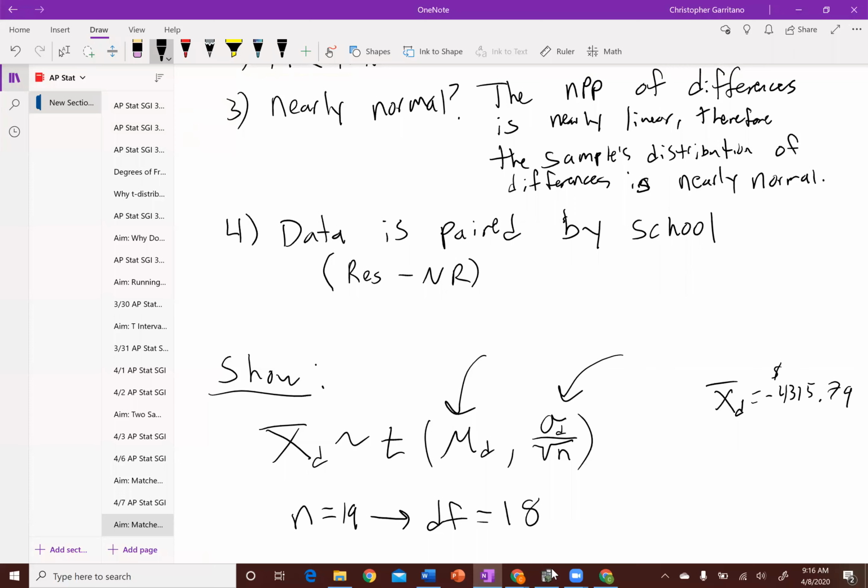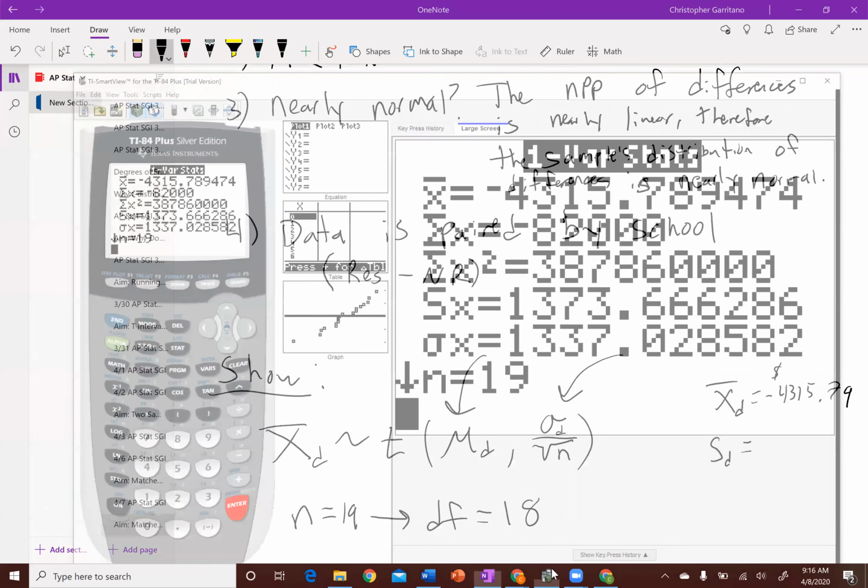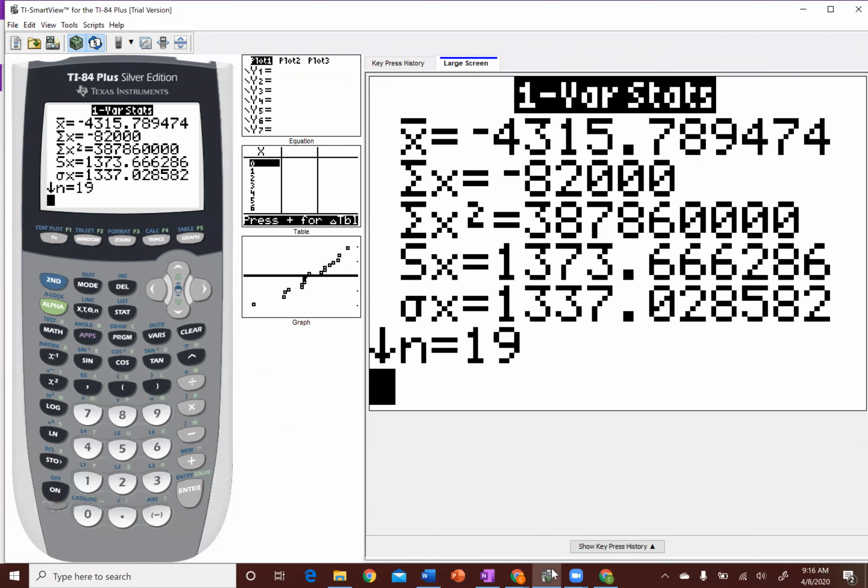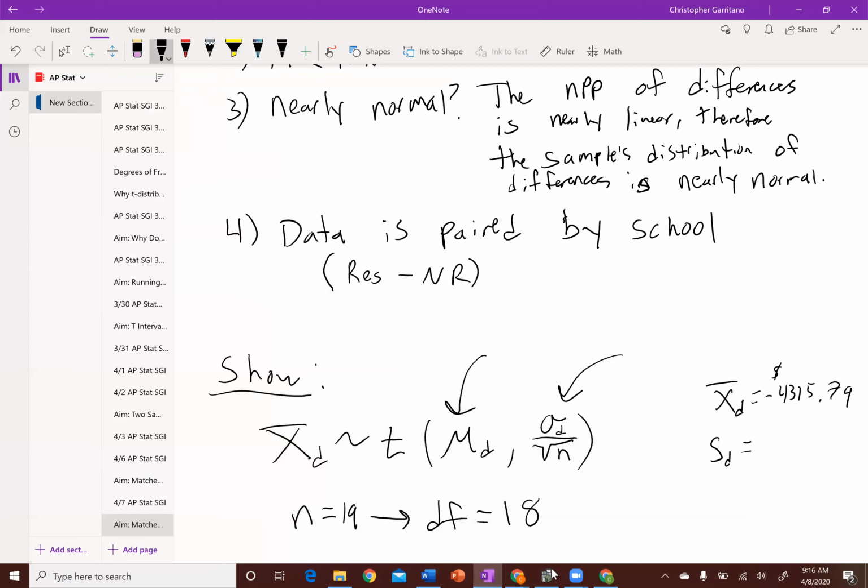These are in dollars. And the standard deviation of differences is 1,373.67. Notice that even though the mean is negative, the standard deviation is positive. Remember, standard deviation is a measure of distance, so it will always be a positive number.